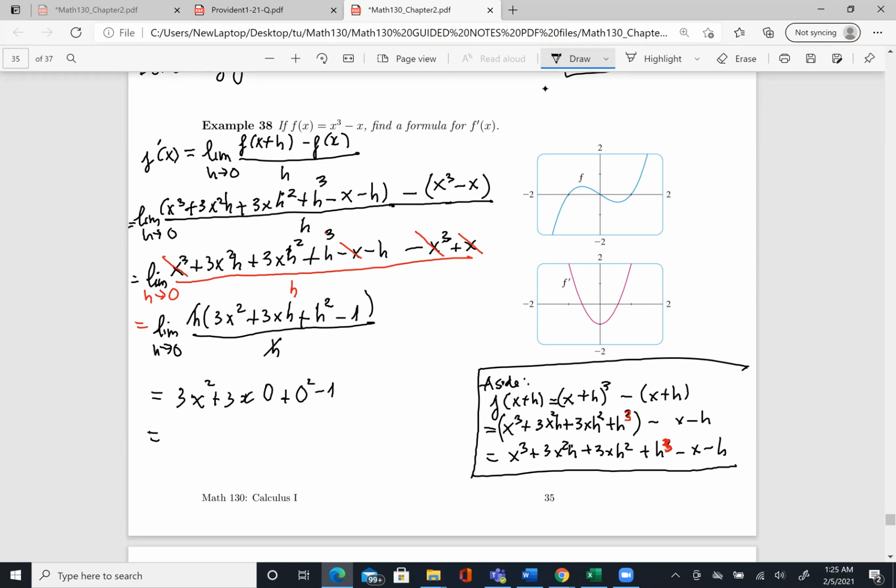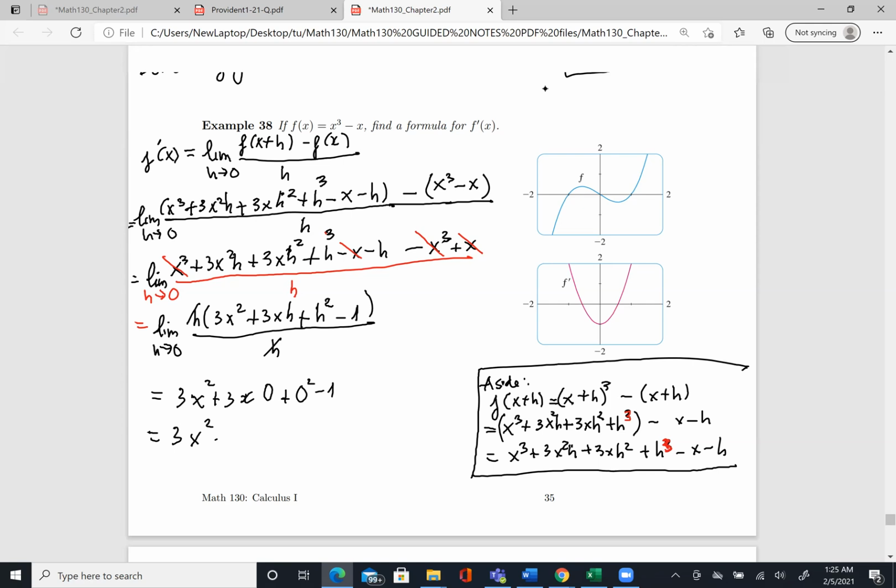So in simplified form you have 3x squared minus 1, which is going to be the function f derivative of x.